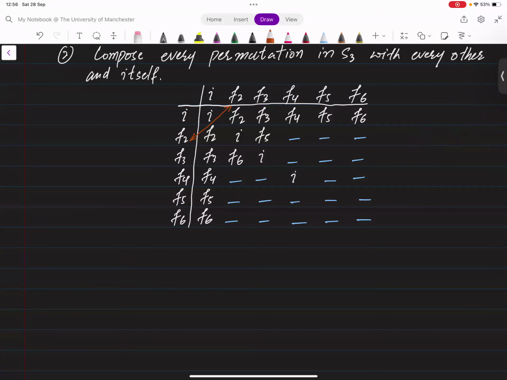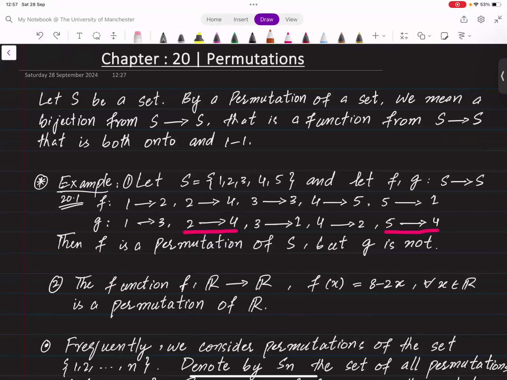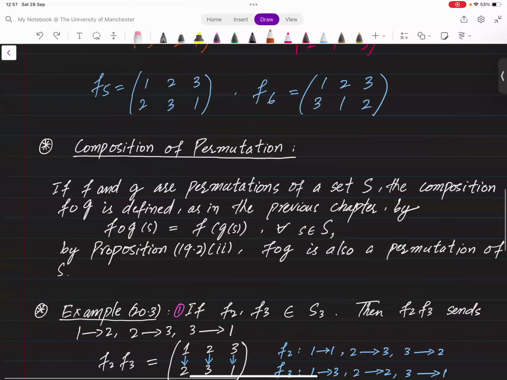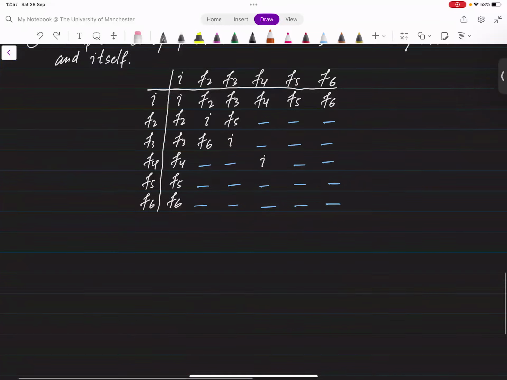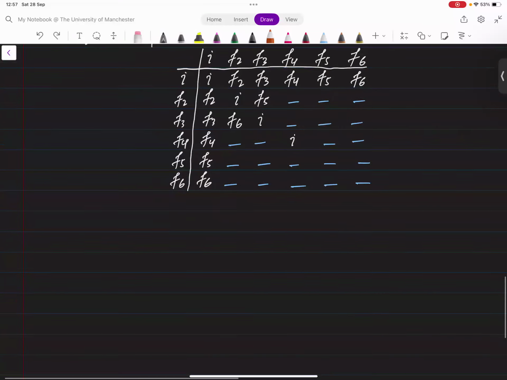So let me write that more properly. Okay.